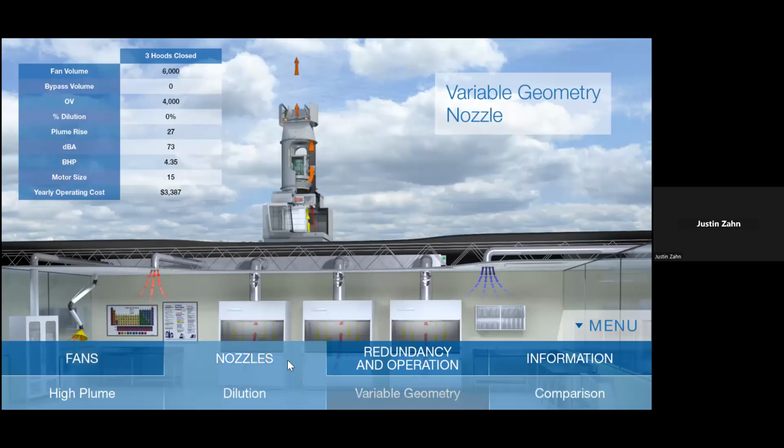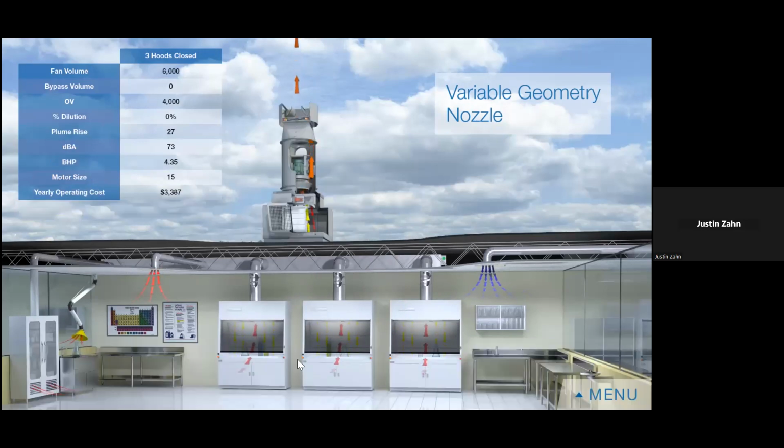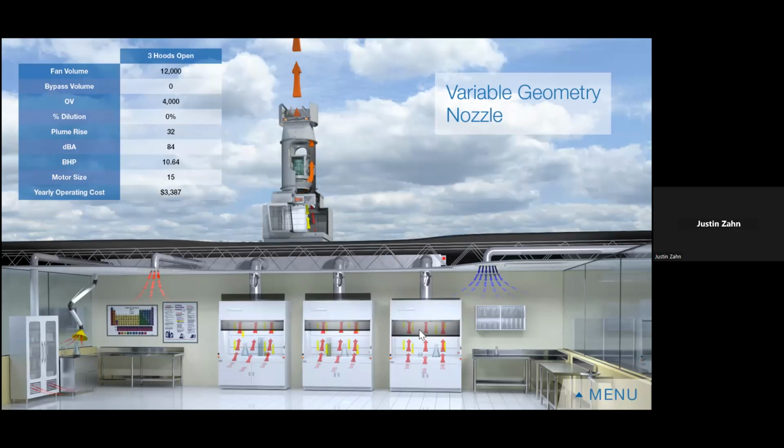One nozzle that we really did not discuss was the variable geometry nozzle. Earlier we talked about ANSI Z9.5 and 3,000 feet per minute and how that's changed in the industry. Well, one reason why that's changed is because people want to save energy when using these fans, and if you don't need your fan running at 3,000 feet per minute, why would you? Well, we have come up with a solution in order to maintain high outlet velocities while still being able to save energy.